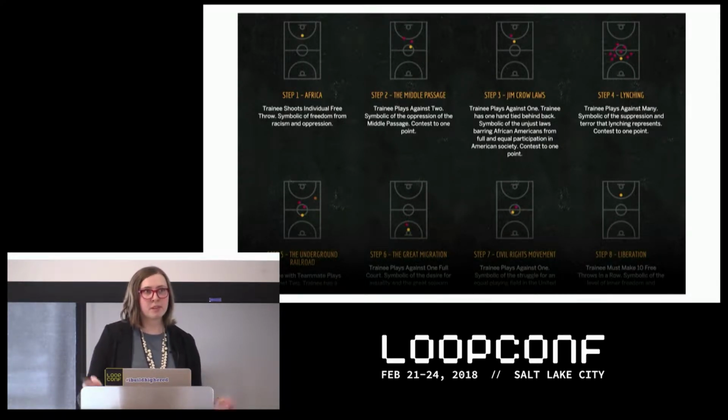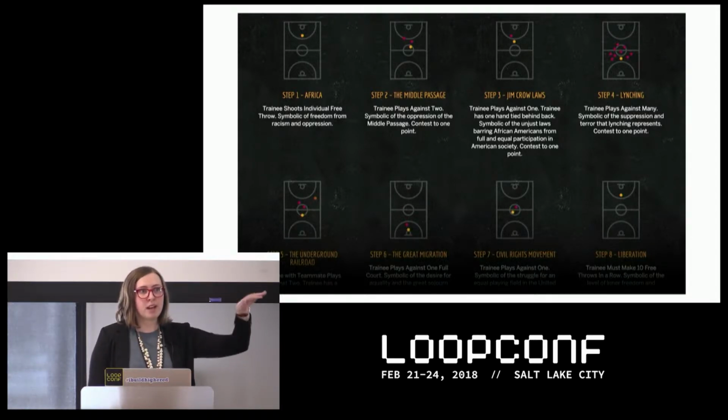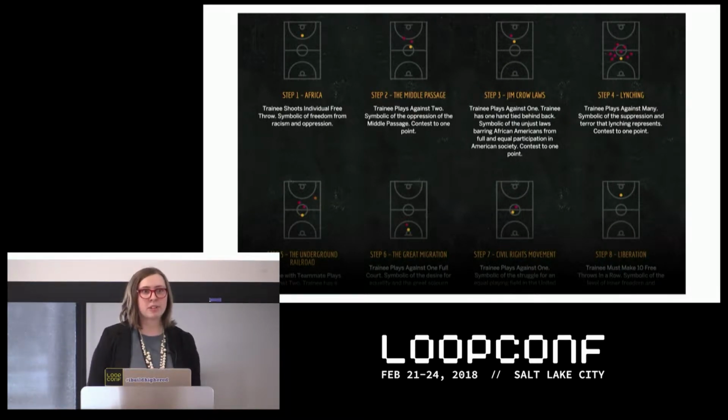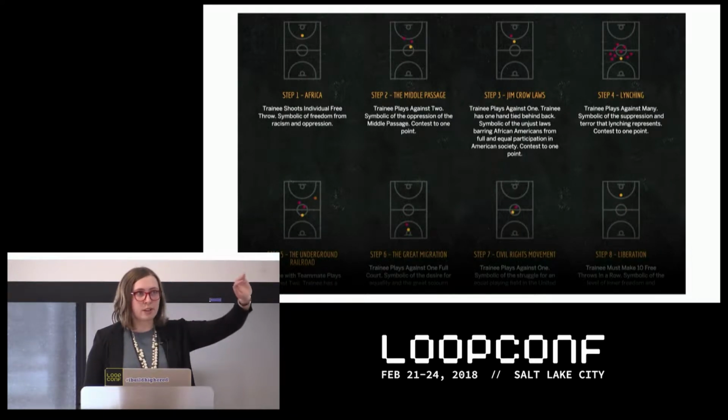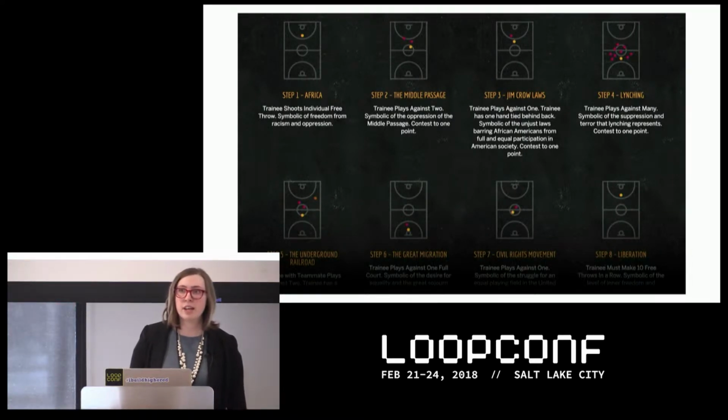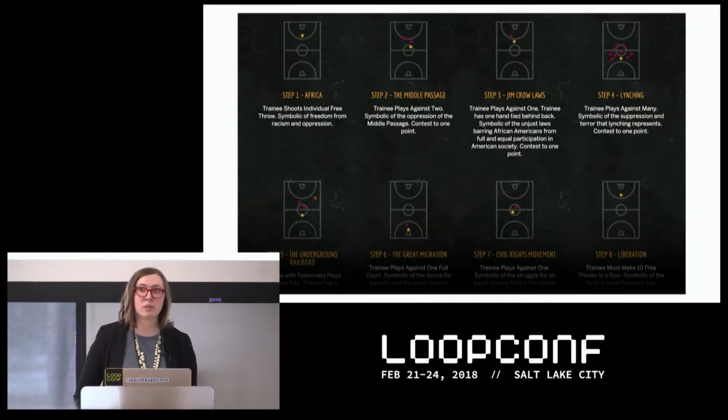There's 4 courts at Malcolm X Park, and they have a slope kind of like this. So you play from the top downward to symbolize the downward progression of African American history in this ritual. And then you play back upward to symbolize the liberation and the hope that people have gotten through things like the Civil Rights Movement and the Great Migration.